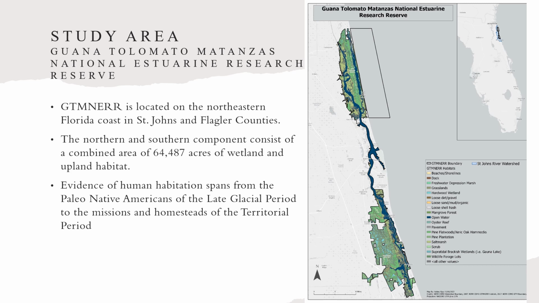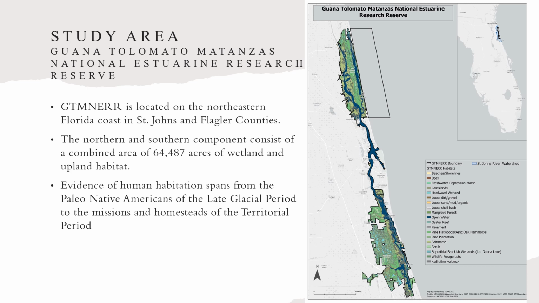So the study location I will be focusing on is the Guana Tolomato Matanzas National Estuarine Research Reserve, which I will refer to as GTM from now on. It is in northeastern Florida, on the coast in St. Johns and Flagler counties. It is an estuarine reserve, so it has 64,487 acres of wetland and upland habitat.